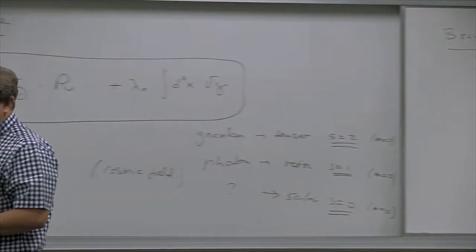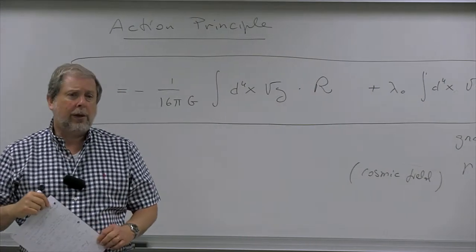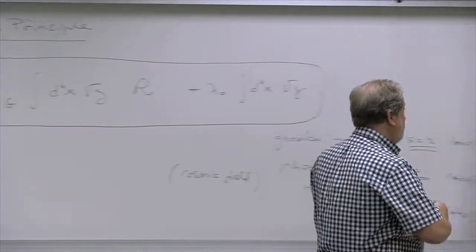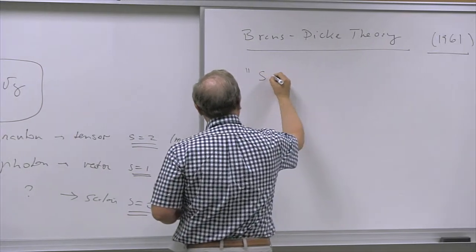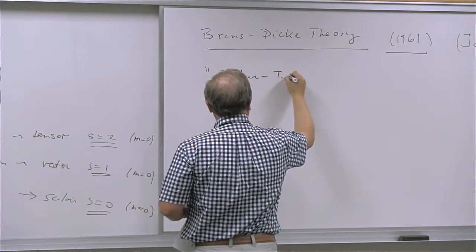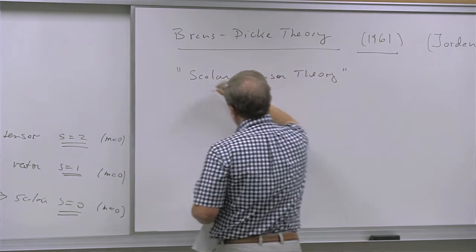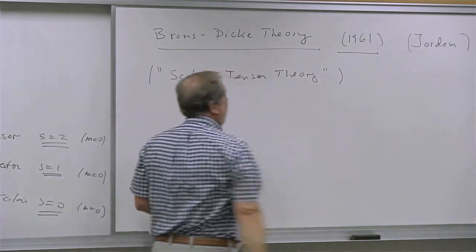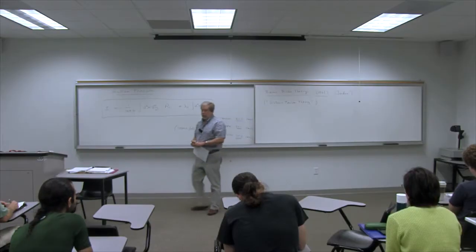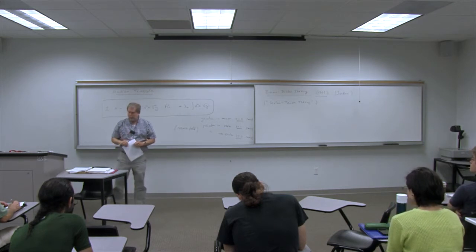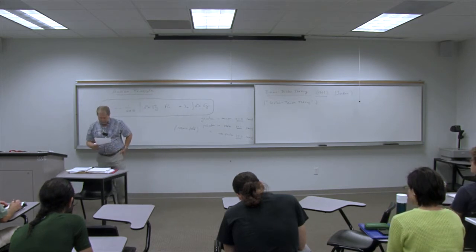So sometimes it is referred to as a Brans-Dicke-Jordan theory. And sometimes it is called a Scalar-Tensor theory, because it does have a scalar. It has a massless scalar, and so it is supposed to be an extension of general relativity.